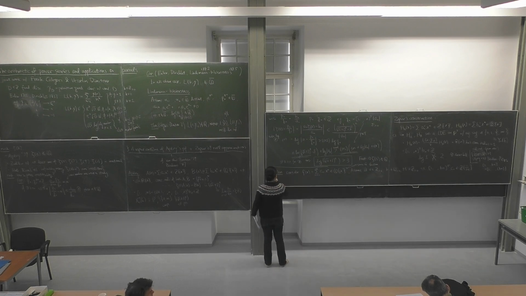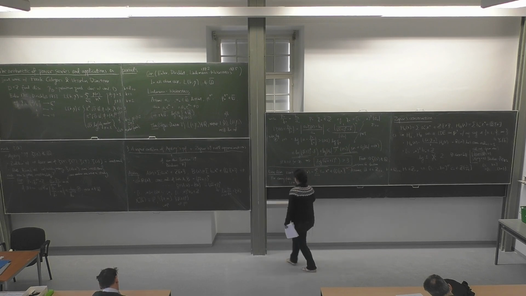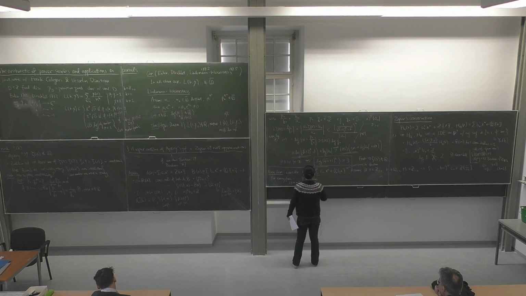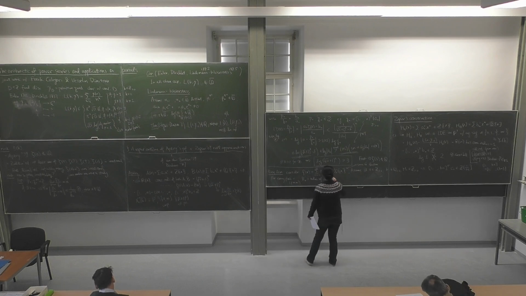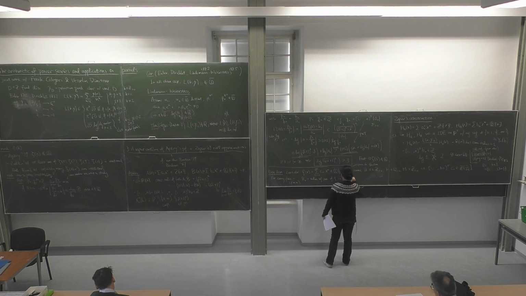And then for every place v, so v can be p or Archimedean, we use R_v to denote the radius of convergence of f in the completion with respect to the v-adic norm.